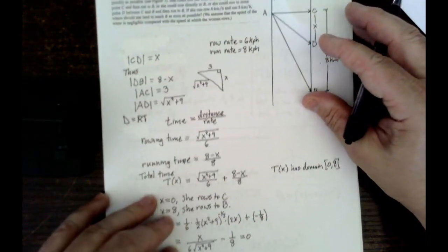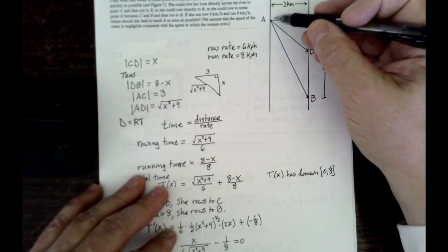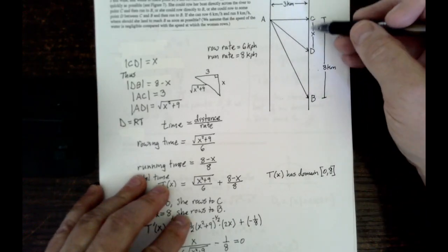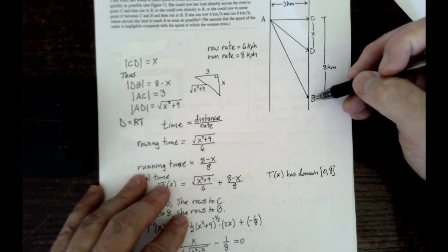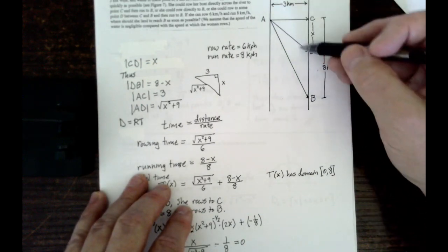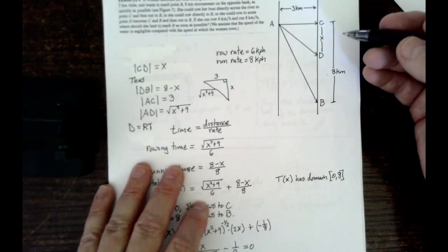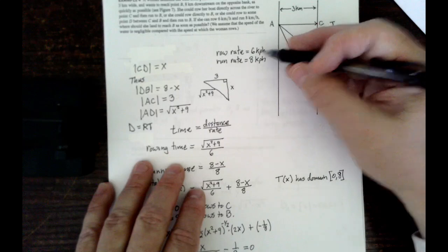Alright, number 4, there's a person, she's deciding whether to row over to this point C and run the 8 kilometers to B, or to row straight to B, or to do a combination of the two. And she wants to know what's the shortest amount of time. Her rowing rate is 6 kilometers per hour.